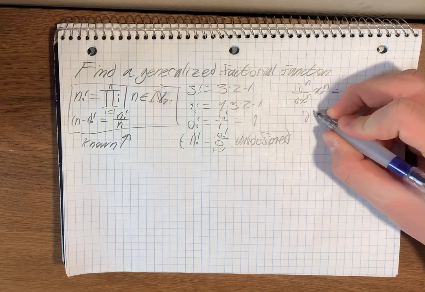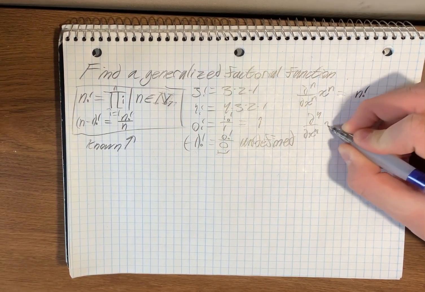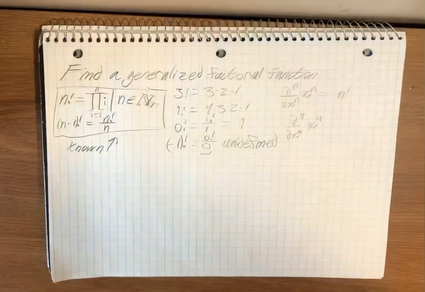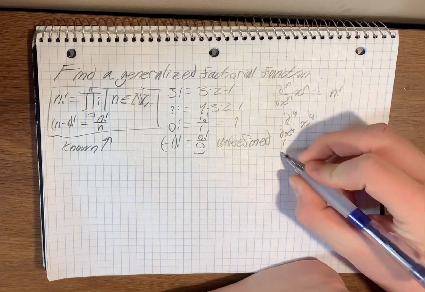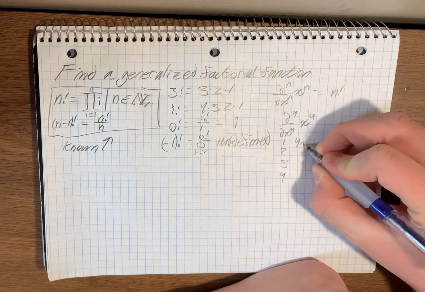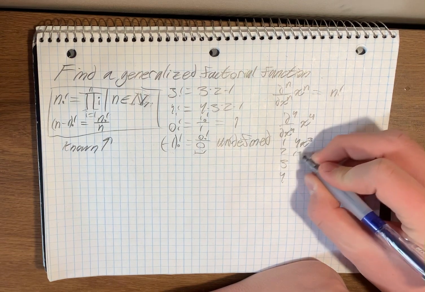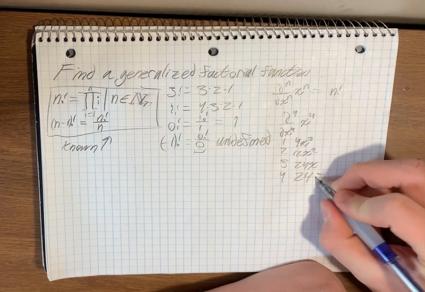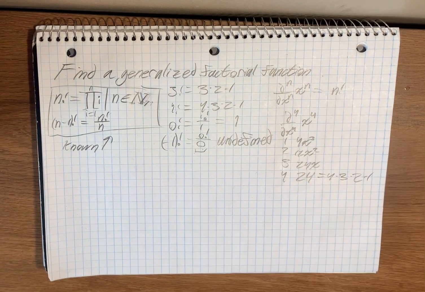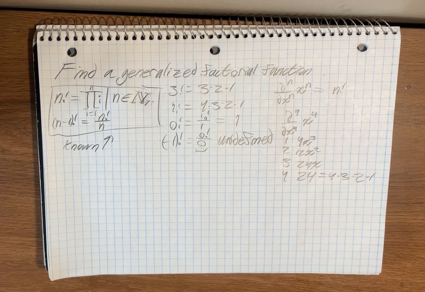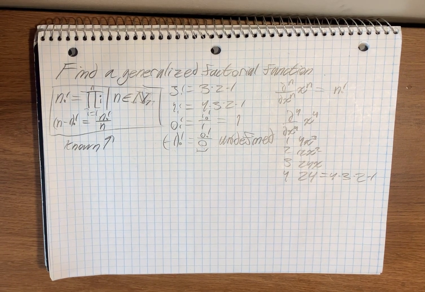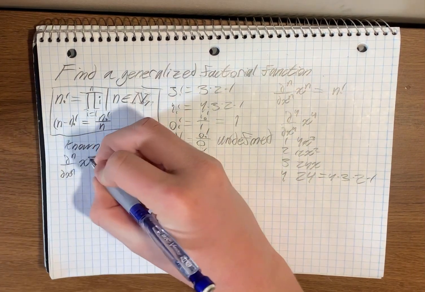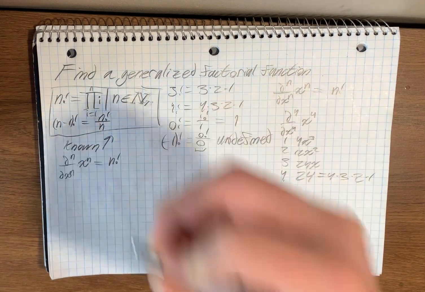If we plug in, let's say 4, we're going to get 4x cubed, 12x squared, 24x, and 24, which is indeed 4 times 3 times 2 times 1. So this works. We know that the nth derivative of x to the n equals n factorial.